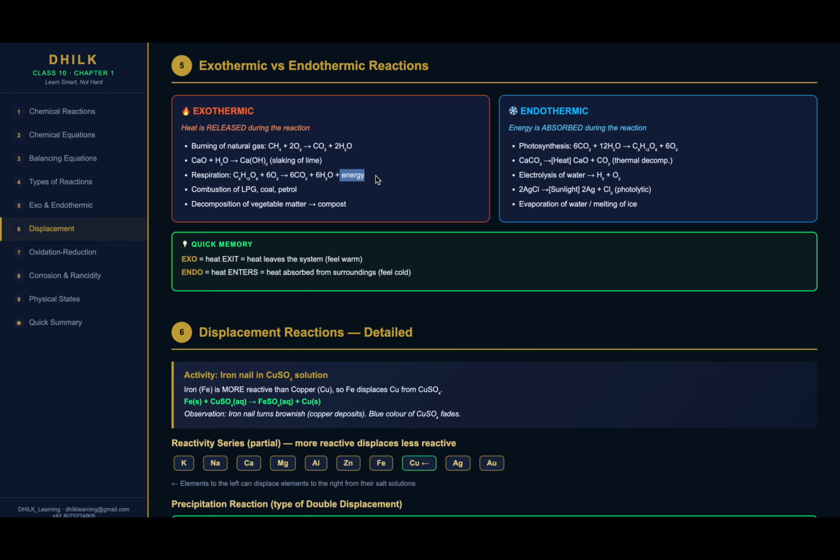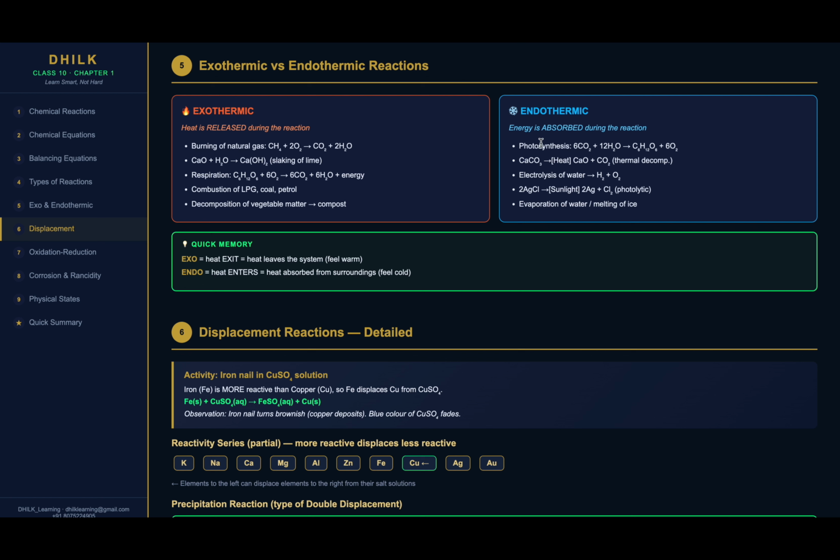So there is a form of energy released during this reaction, so this is an exothermic reaction. Then we can see some other examples. Combustion of LPG, coal and petrol are also exothermic reactions. Then decomposition of vegetable matter to form compost is also an exothermic reaction.